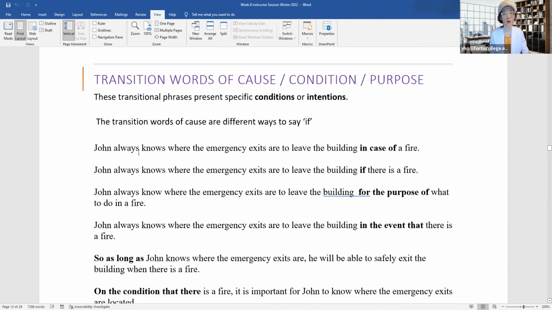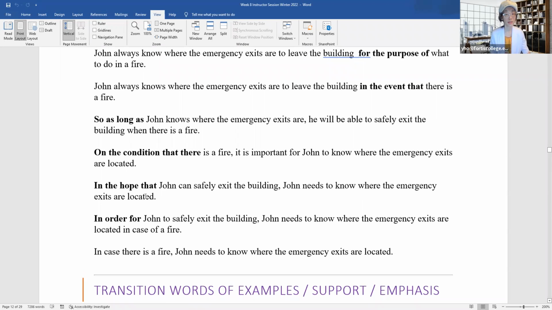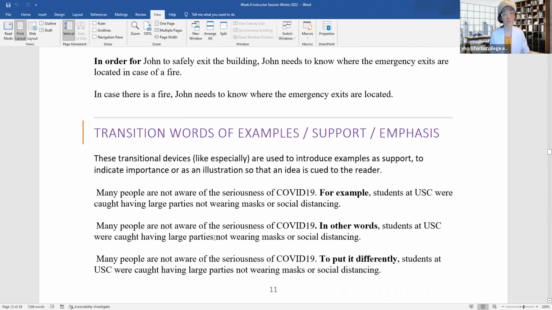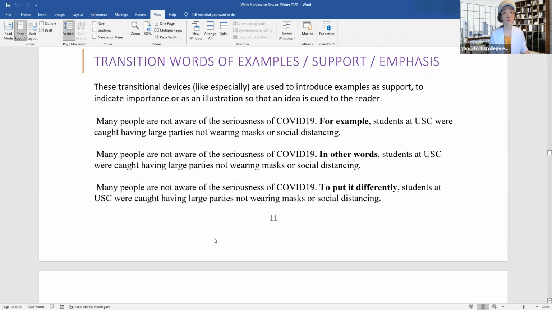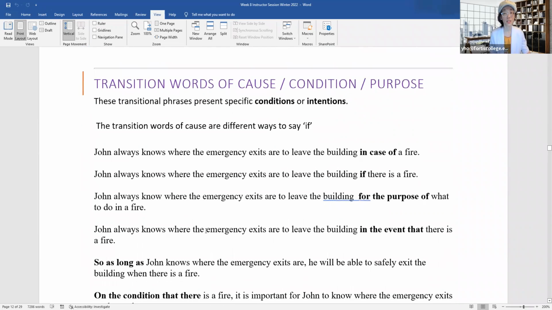So here you have all these different ways of saying if: in case of, if, for the purpose of, in the event of, so as long as, in the hope that. So in the hope that John can safely exit the building, John needs to know where the emergency exits are located. These are known as transitional words of condition, cause, or purpose.